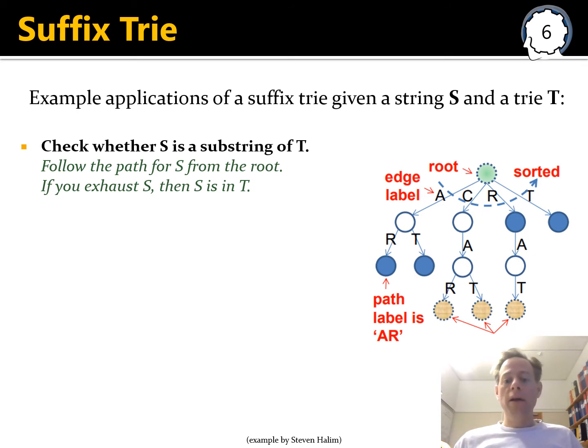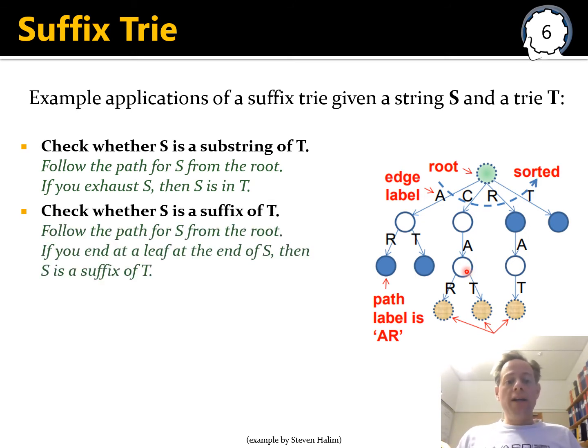So for example, A or CA. CA would be a good example. If we want to check if CA is a substring of any of the words here, we can see that CA is a substring because we have exhausted CA before we have reached the end of the trie.